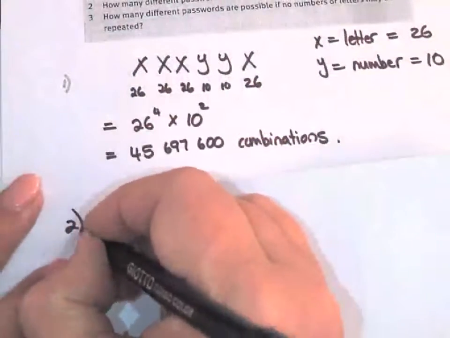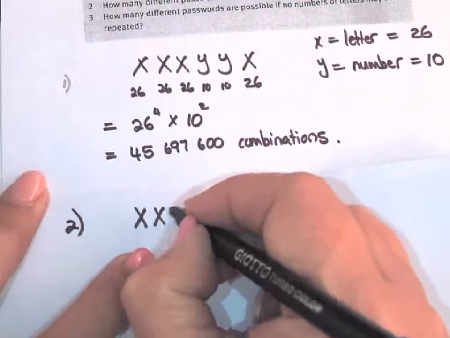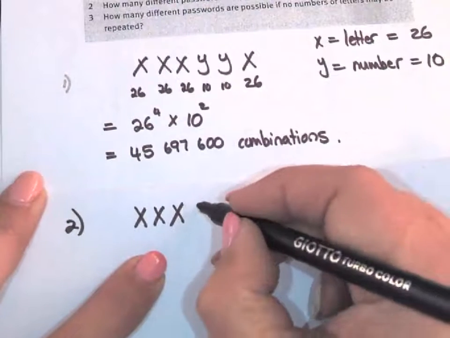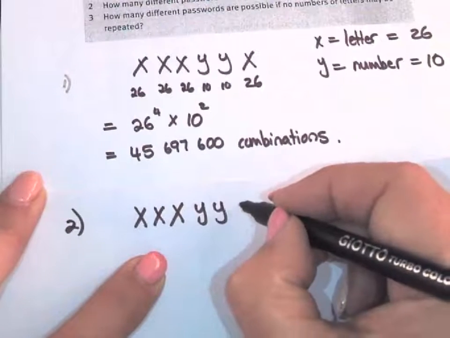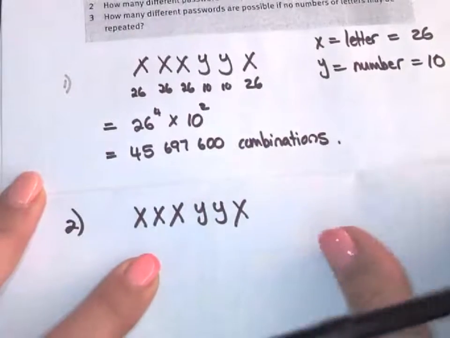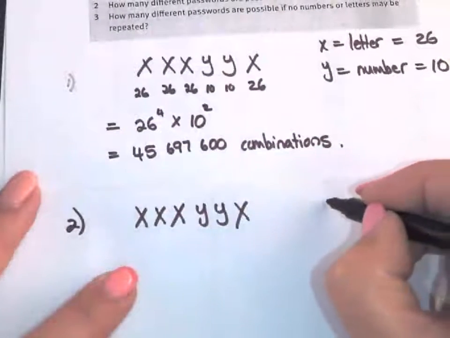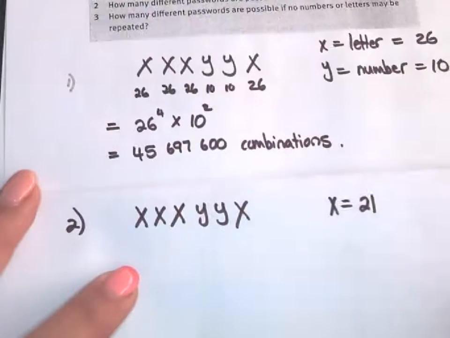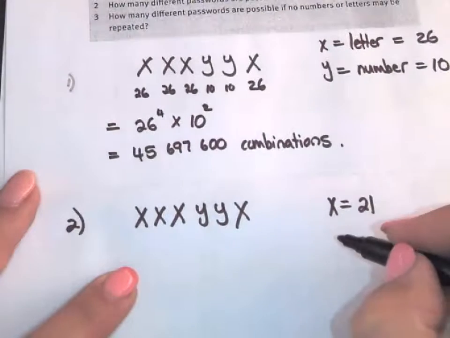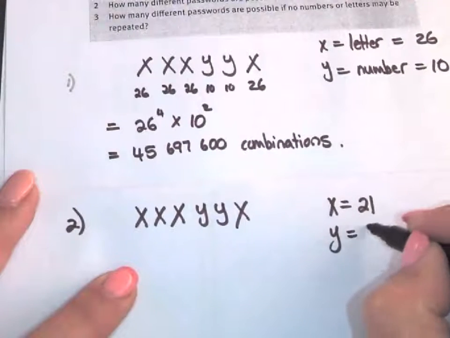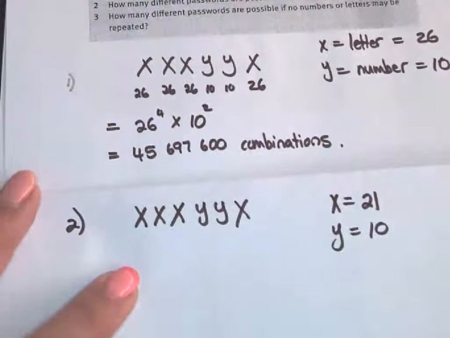So for number 2, I still need 3 letters, 2 digits, and a letter. So my x's are 21, excluding all the vowels, and my y's still are 10.